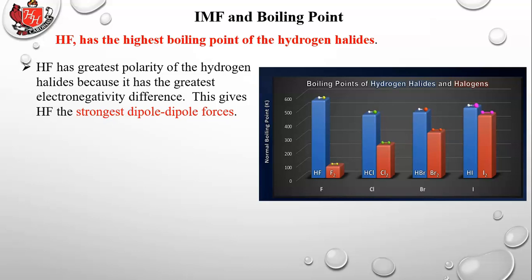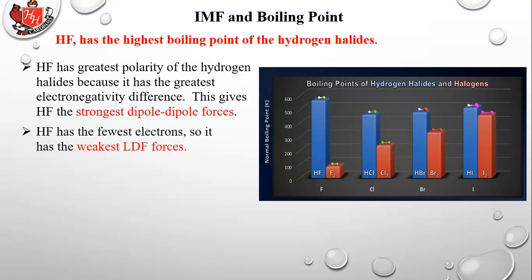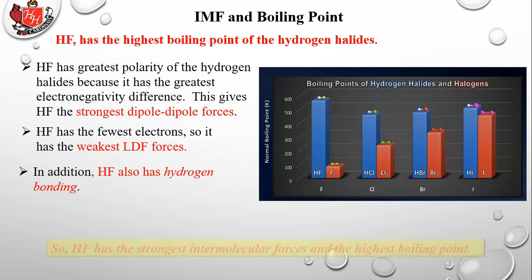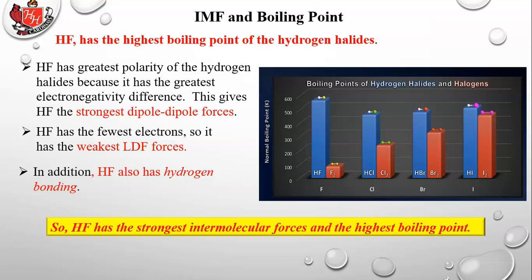This gives HF the strongest dipole-dipole forces. HF has the fewest electrons, so it has the weakest London dispersion forces to attract it. In addition, though, HF also has hydrogen bonding. None of the others do. So HF has the strongest intermolecular forces and the highest boiling point.